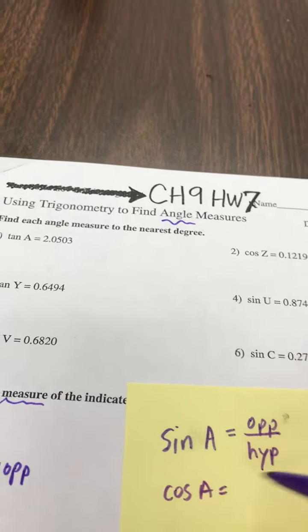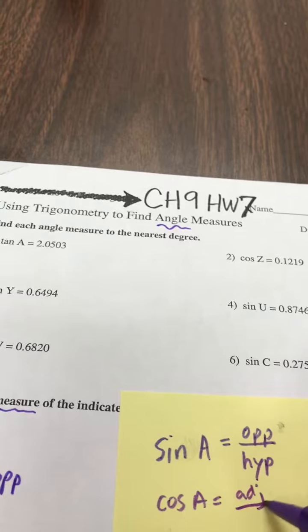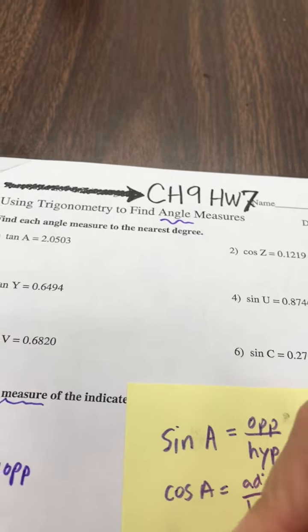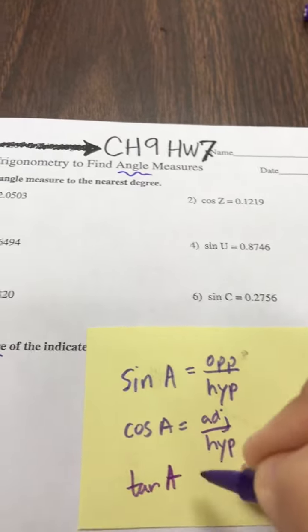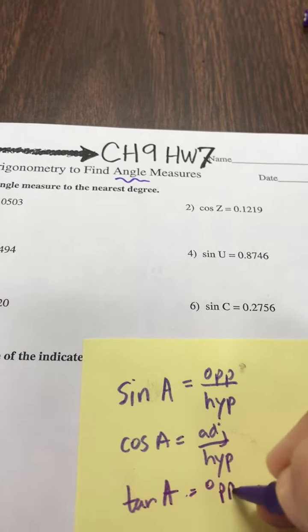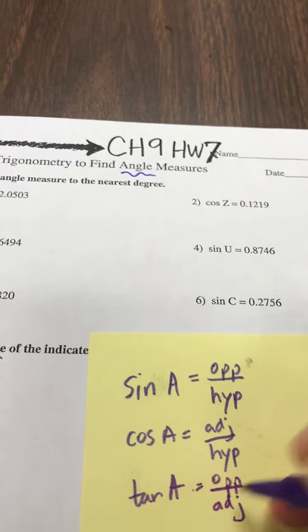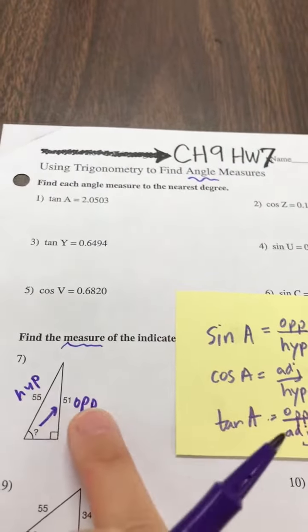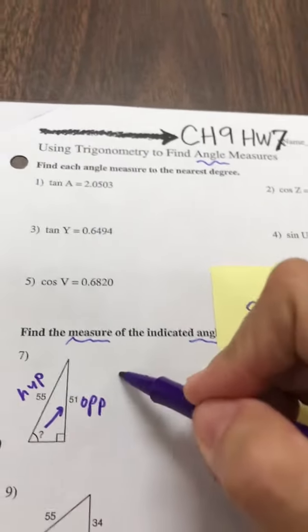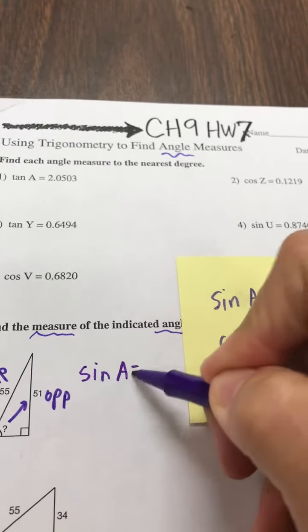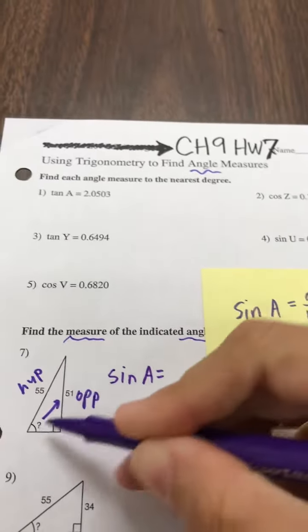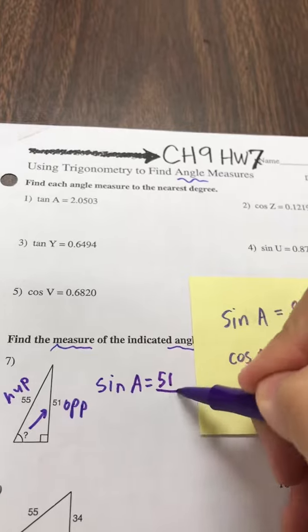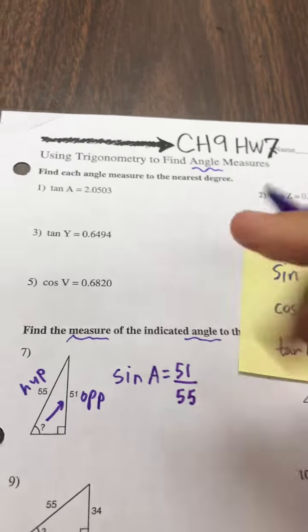Cosine is adjacent over hypotenuse. And tangent is opposite over adjacent. Okay, so there's our trig functions, and it looks like I'm going to use sine because I have opposite and hypotenuse. So sine of an angle is opposite over hypotenuse, and I have 51 as the opposite and 55 as the hypotenuse.